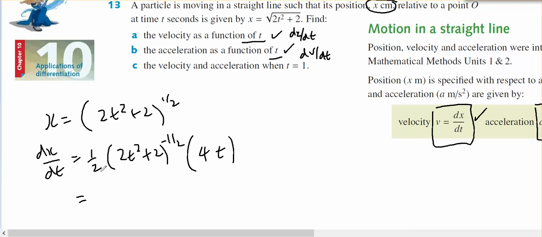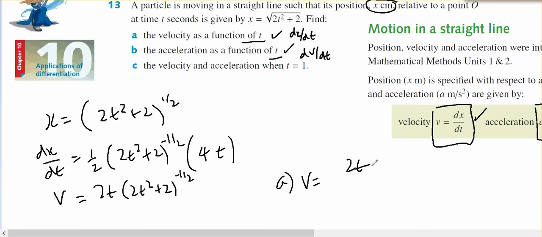So 2 cancels with the 4, giving 2t times (2t squared plus 2) to the negative a half, and that will be v, velocity. So for part A, v equals 2t on top of the square root of 2t squared plus 2. That's the first part.